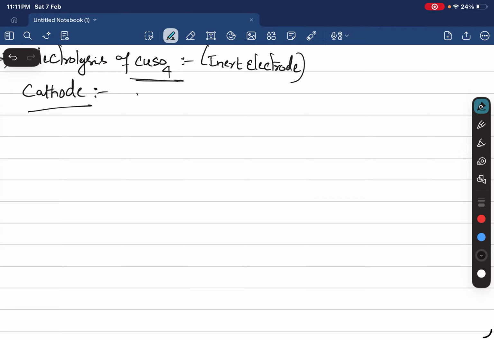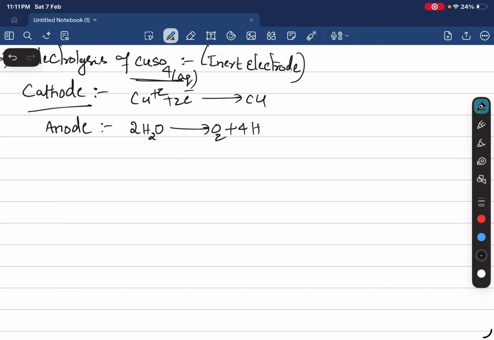So at the cathode, Cu2+ is converted into Cu because of reduction, but at the anode, aqueous CuSO4, it is not molten, so we can take 2H2O gives rise to O2 + 4H+ + 4 electrons. So here O2 is liberated, here Cu is deposited.